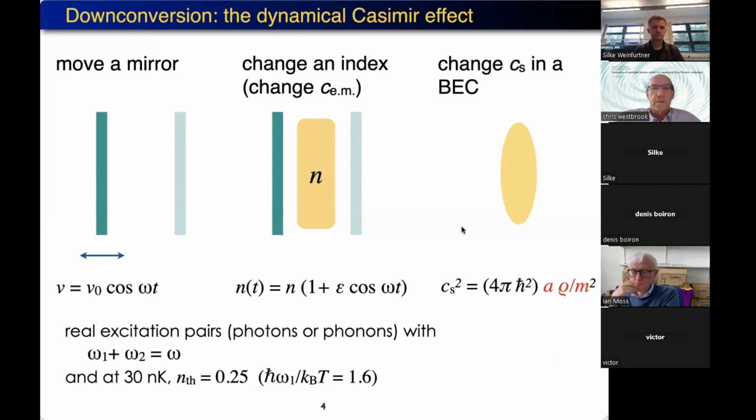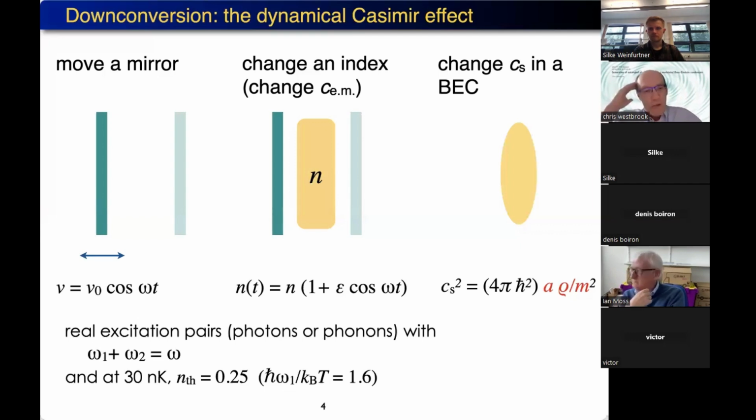Well, I was going to say, all these systems have dirt in them. They're not nearly as ideal as what one writes down when you do a calculation such as the one on the previous slide. And the important bit of dirt in our experiment is that there's a finite temperature.